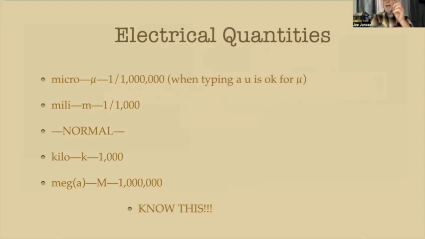It's 1/1,000,000th of whatever it is. If you're using a typewriter or your computer and you can't find the symbol micro, which is Greek, use the letter U. Okay, and then there's milli. Milli is 1/1000th.